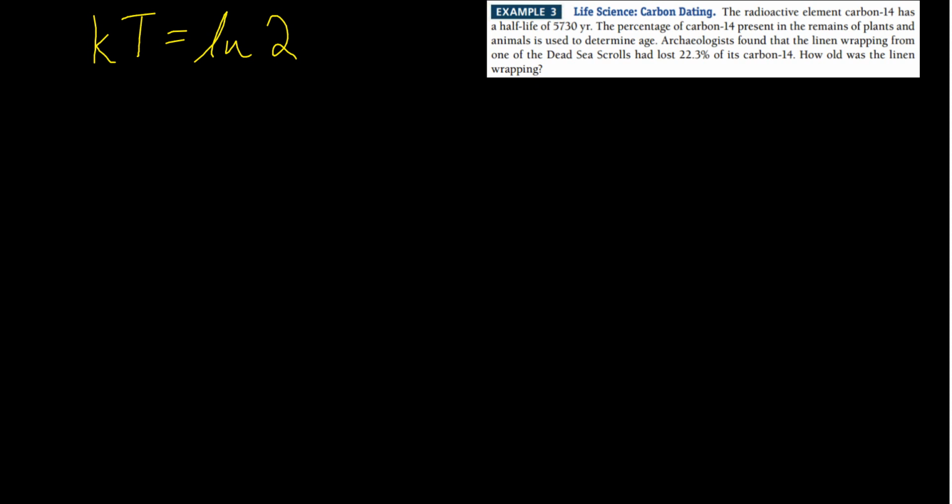So we need to figure out what the decay rate is, right? And the decay rate is going to just be k. So in this particular case, we're going to take this equation written in yellow and solve for k.